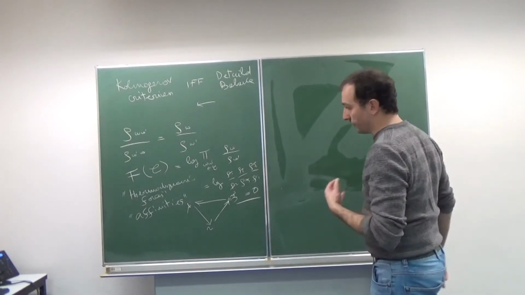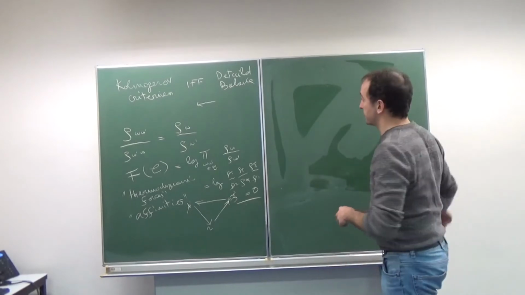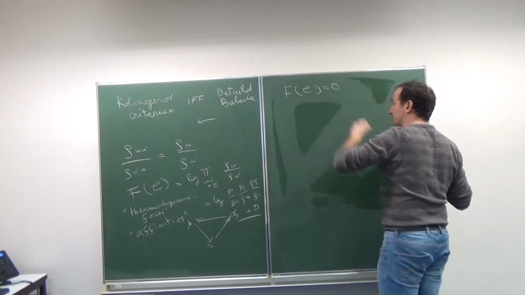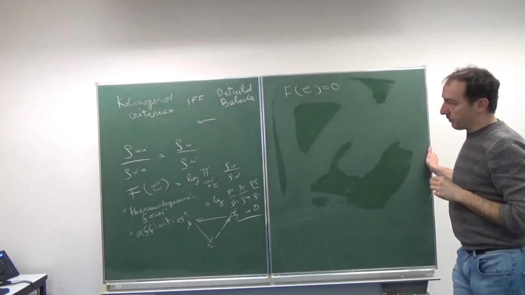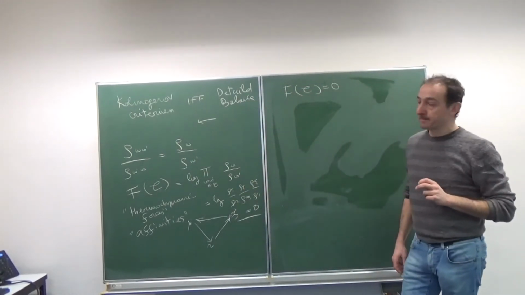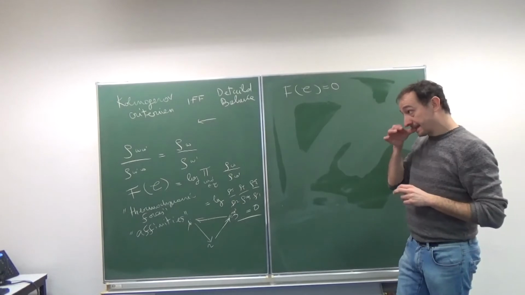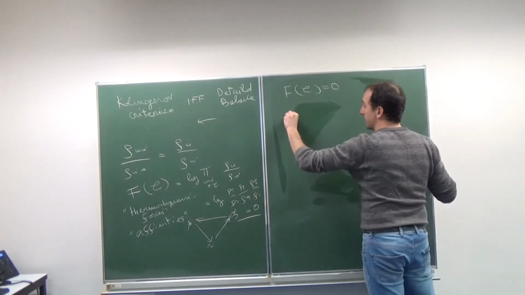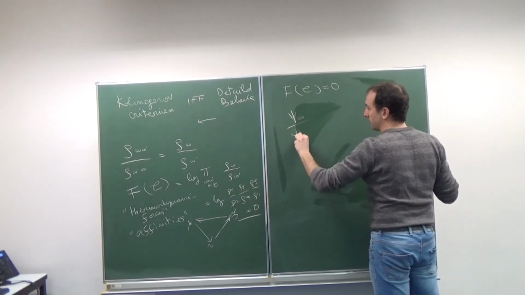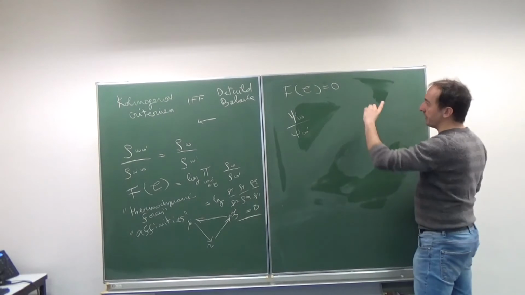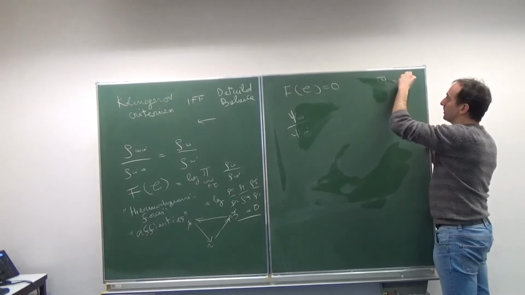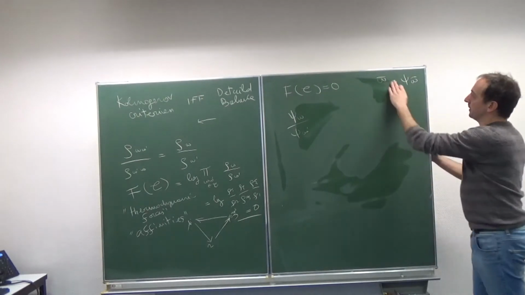Now let's look at the backward implication. So we have assumed that f of c is equal to 0, and I want to show that detailed balance holds. Okay, so let me define the following thing: psi omega over psi omega prime. So I fix one omega, let's say omega bar, and I choose one value of psi omega bar.